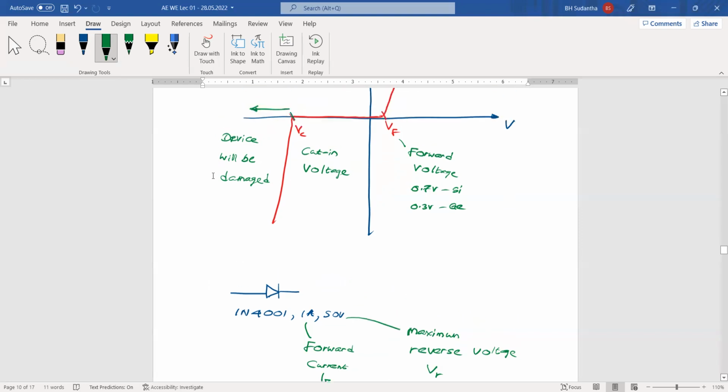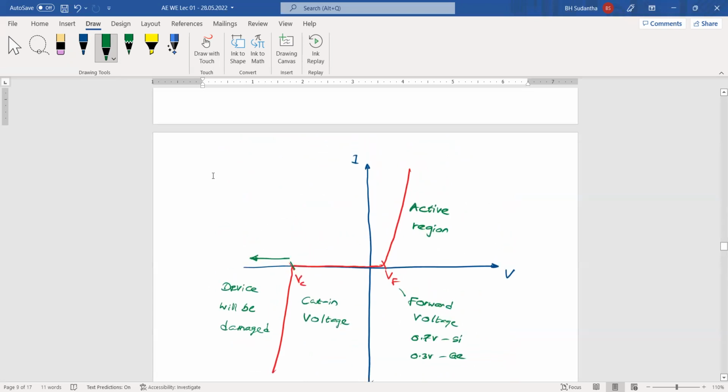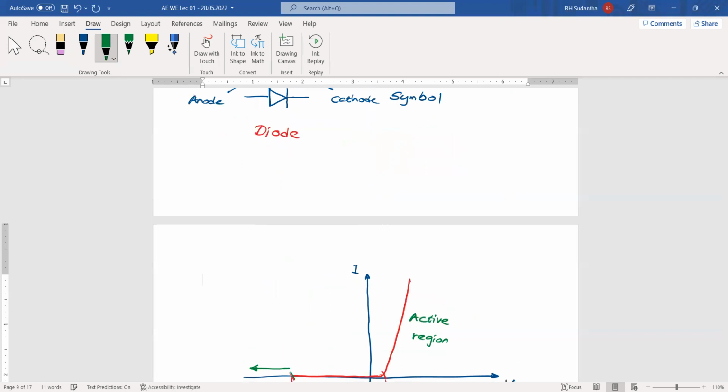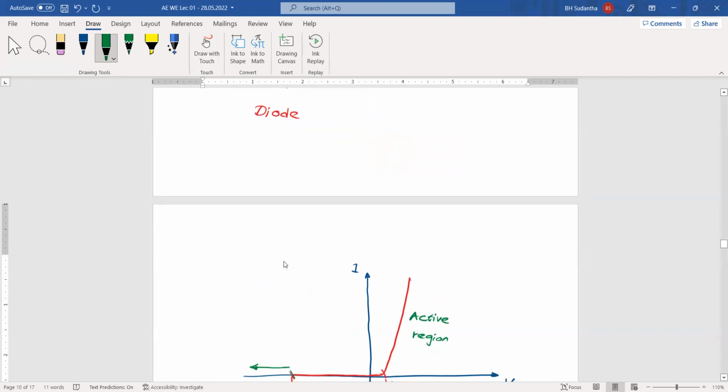Okay, they ask a question: what is the name of this plot? This is the diode VI characteristic curve, or simply the diode VI curve.